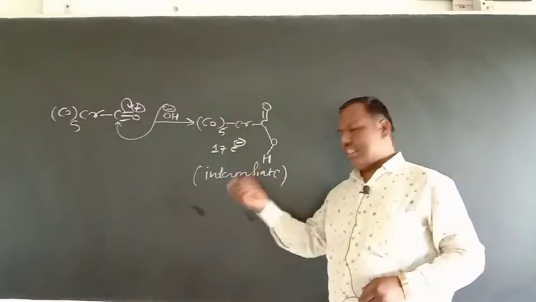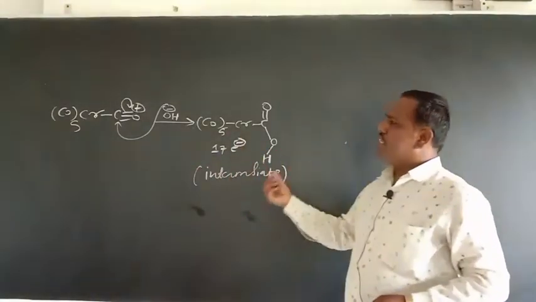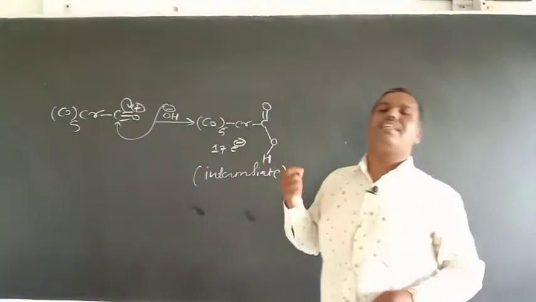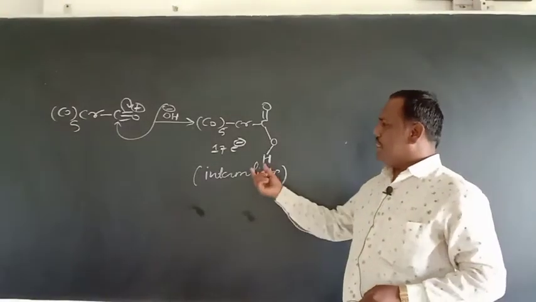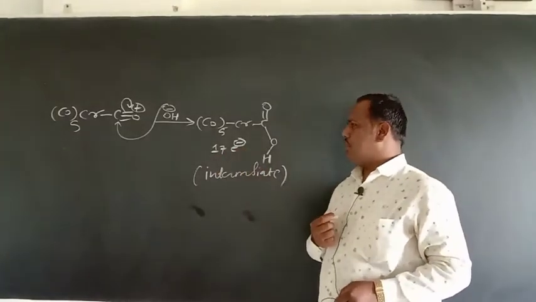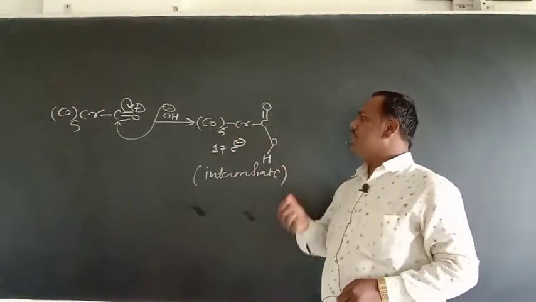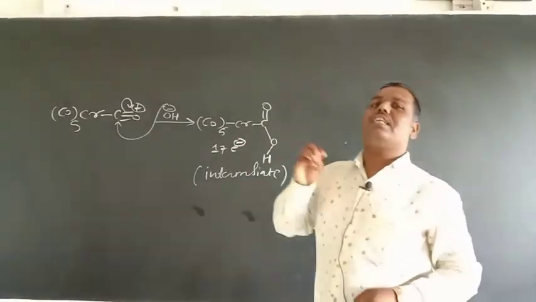We discussed in the previous lecture that the reactant, intermediate and product must be 18 electron species in the reactions of coordinated ligands. But in this case, this intermediate is a 17 electron species and the metal atom is coordinatively unsaturated.